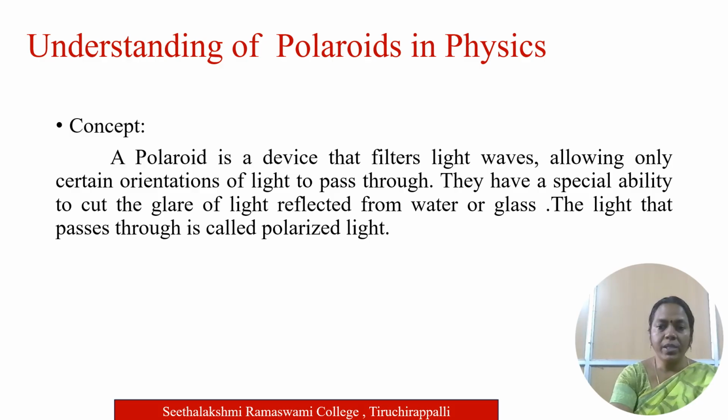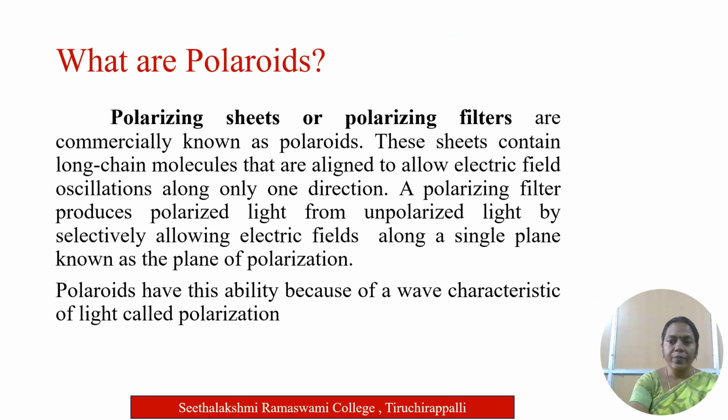They have the special ability to cut the glare of light reflected from water or glass. The light that passes through it is called polarized light. Now, these Polaroids are nothing but polarizing filters, commonly known as polarizing sheets. They are called Polaroids.